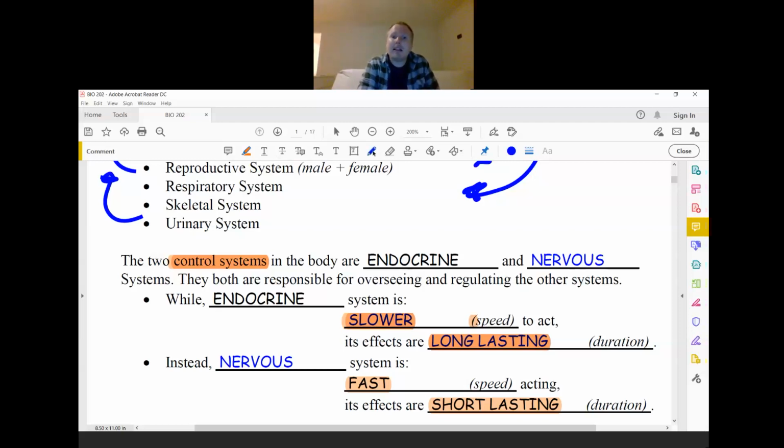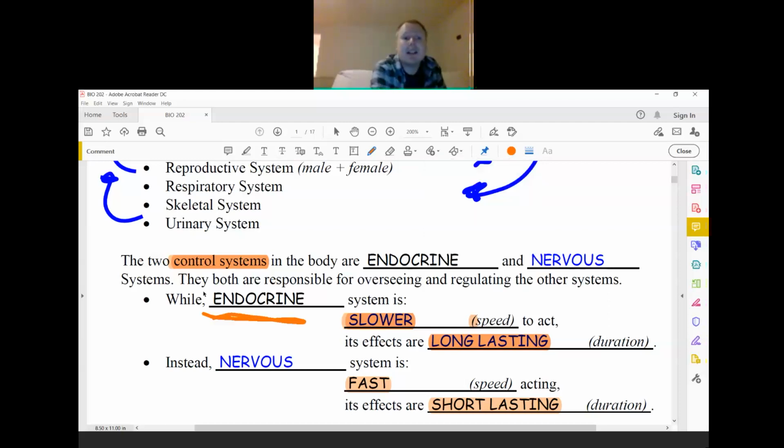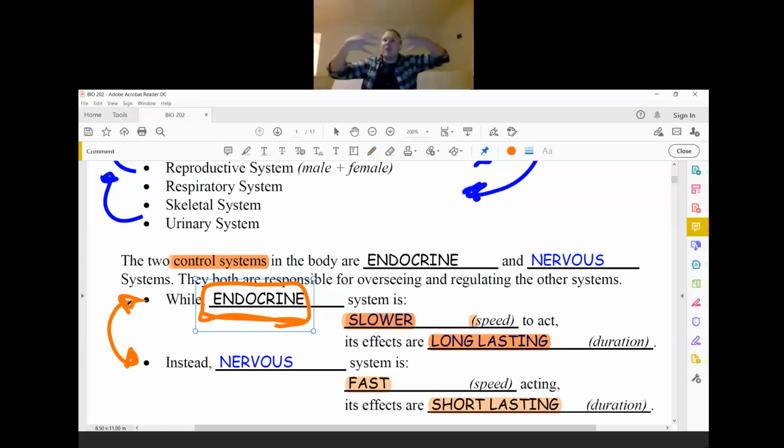So I think that sets the scene quite nicely. There are similarities, but there are also differences. Another thing that I want to mention is that rarely do we see the endocrine system acting fully separate from the nervous system. Often there's an overlap between the two. Even if you think back, how do the messages pass from one neuron to the next neuron? In between, there was no physical connection, and it was actually neurotransmitters that passed over that gap.